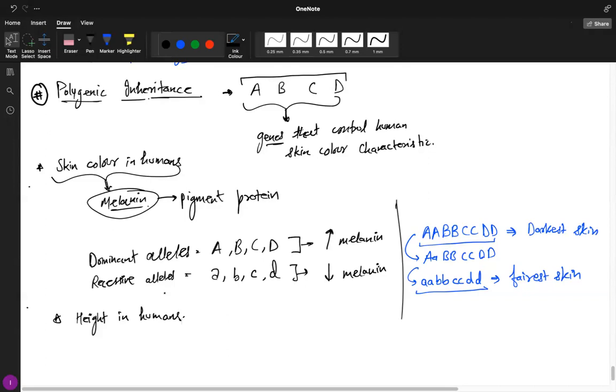Anything, people? You can say skin color, eye color, height, hair color, all of humans, but something which is not in humans, let's say in plants around you, or in animals.